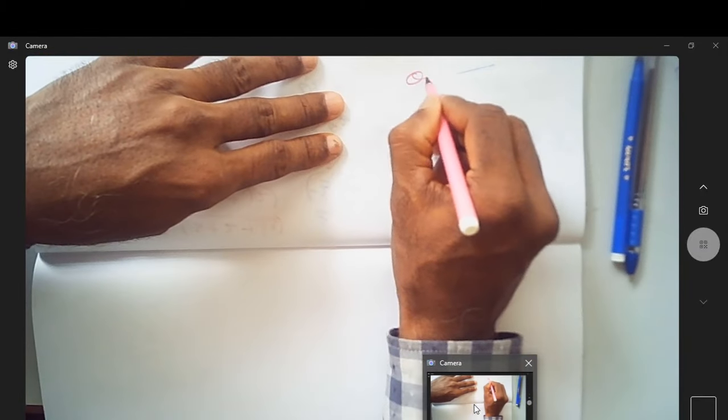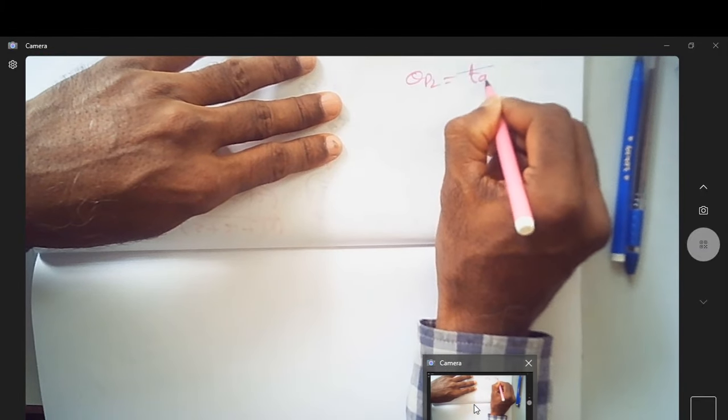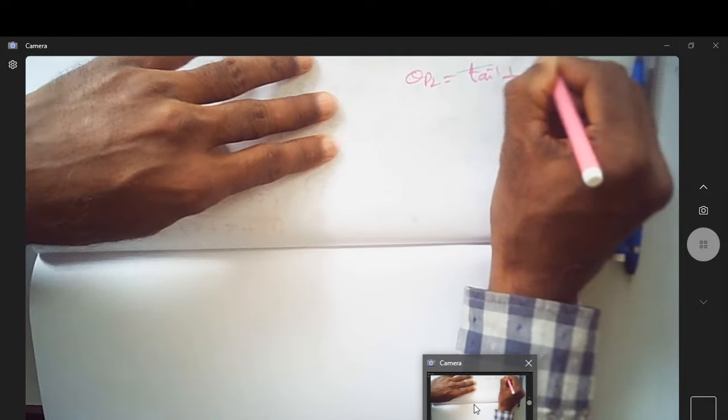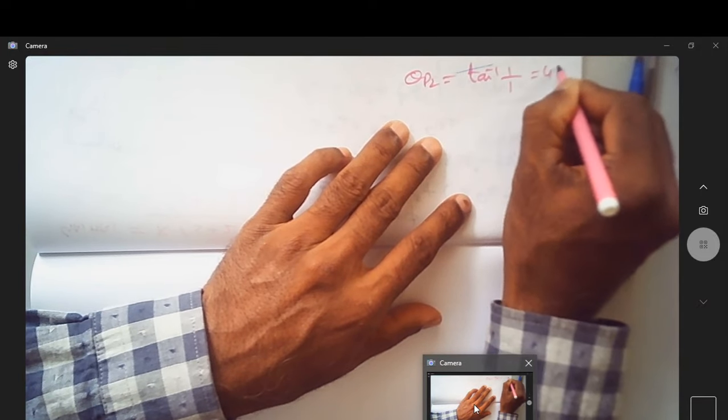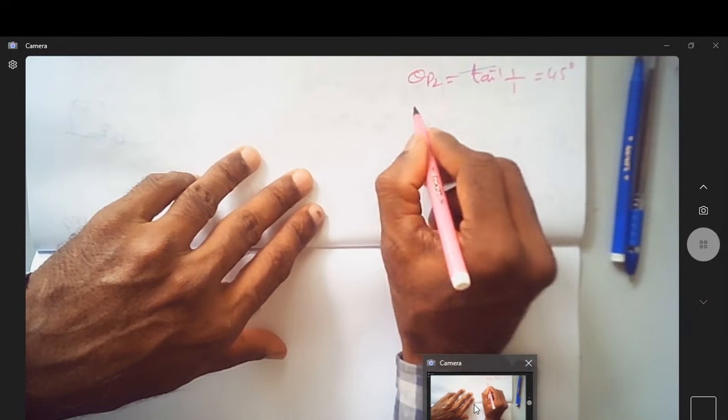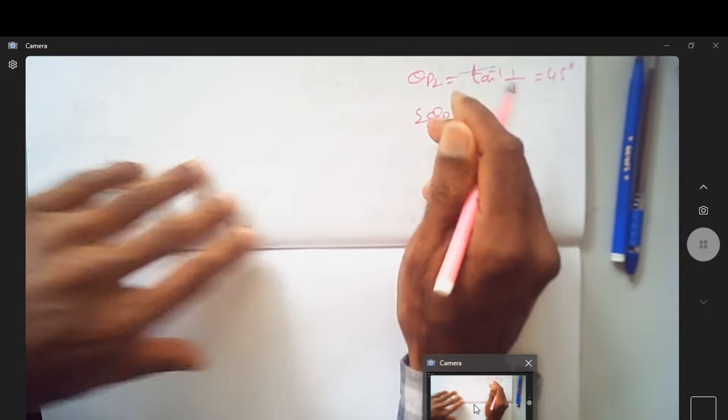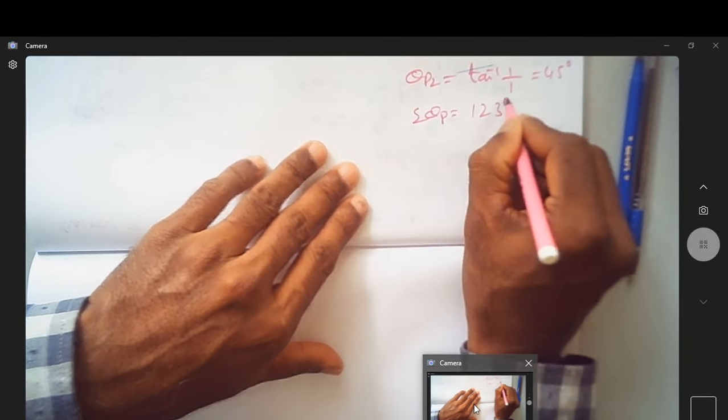So theta p2 is actually tan inverse of 1 by 1. Tan inverse of 5 is 78 degrees, whereas this is 45 degrees. So summation theta p is 78 plus 45, which is 123 degrees.